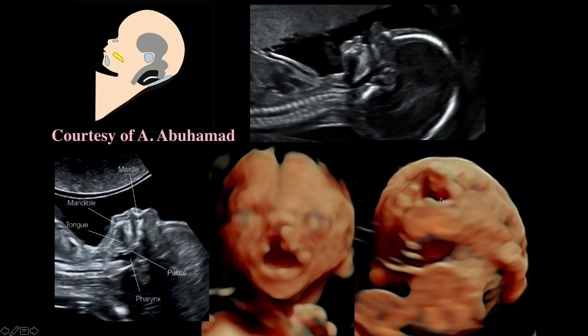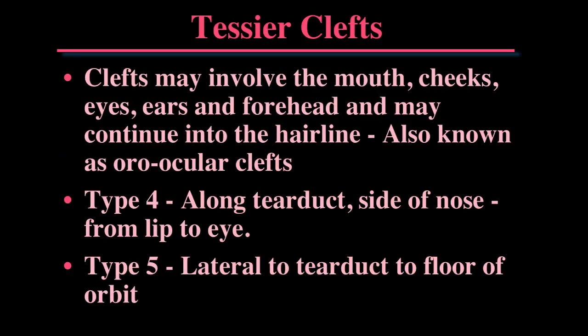And here you can see when the fetus looks up a little bit, you can actually see the normal anatomy here, showing you the maxilla and the pharynx and the soft palate right here and the tongue inside the mouth. If you get those views, you can actually demonstrate the actual cleft in 3D all the way inside the mouth.